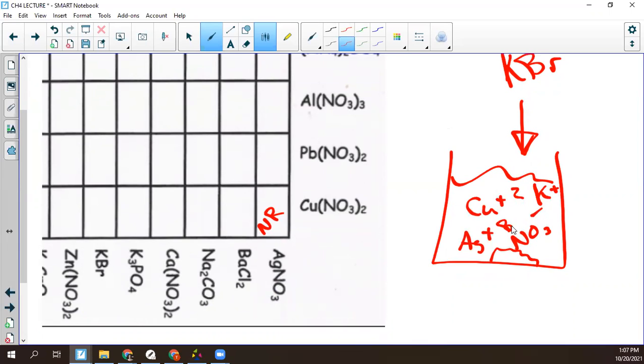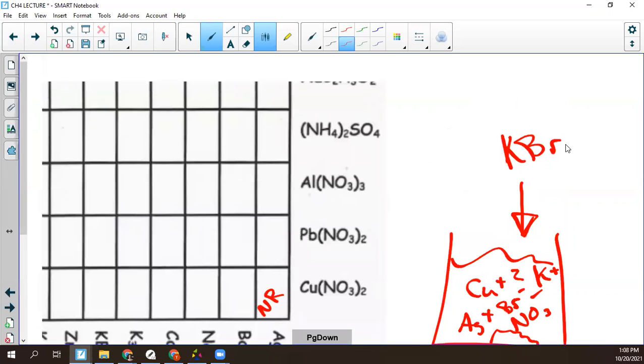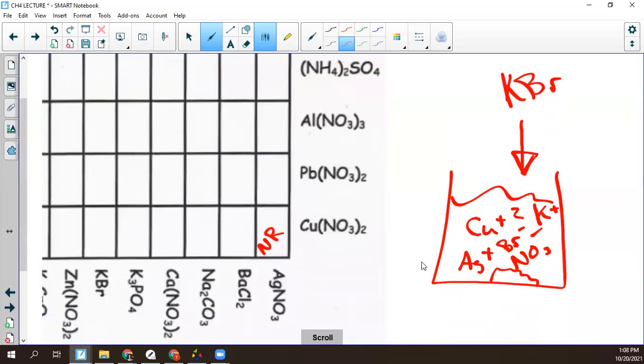But now I have Br-, and Br forms a precipitate right here, with silver, mercury, and lead. So this pile of stuff at the bottom would be silver bromide, and everything else would still be in solution, called a what? Spectator ion.